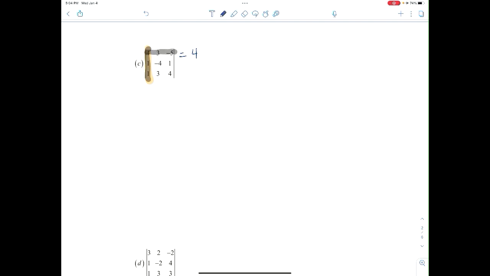So I have the determinant of -4, 1, 3, 4. And then I subtract, and I do the next one. So next is 1. So I'm only going to focus on what's not the row and column of that 1.